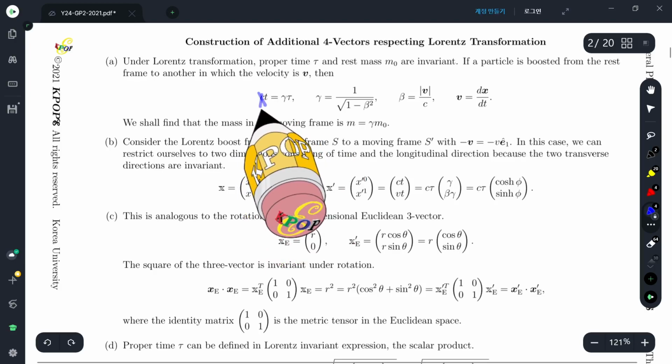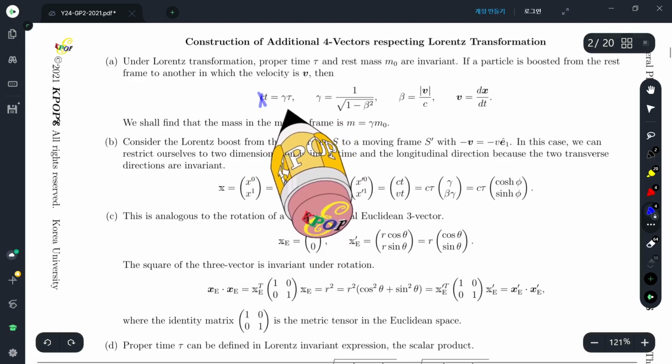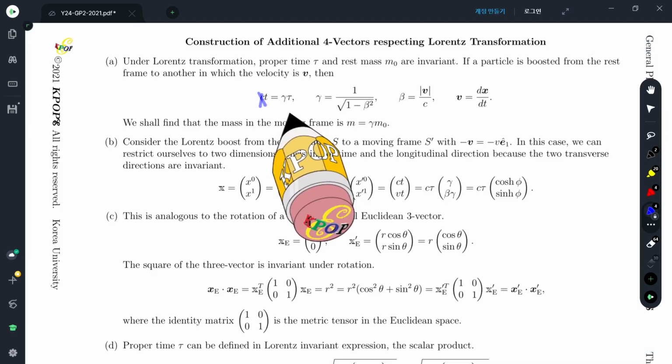The time dilation states that the moving clock shows the time t that is longer than the proper time tau, that is measured by making use of a clock fixed in a reference frame in which an observer is stationary.